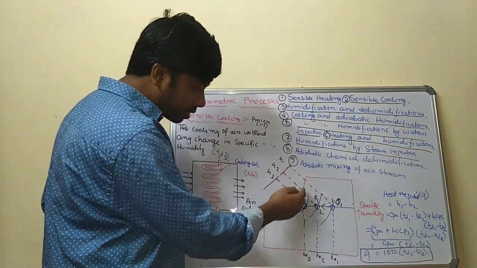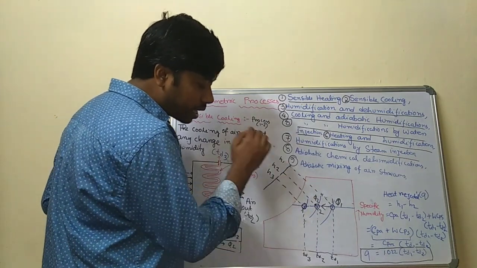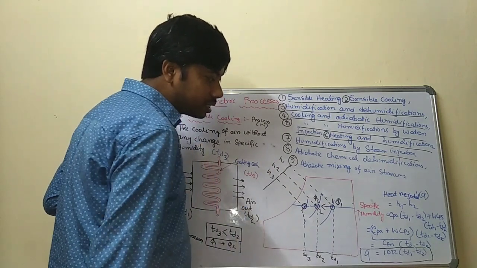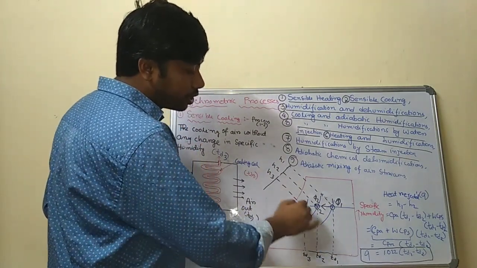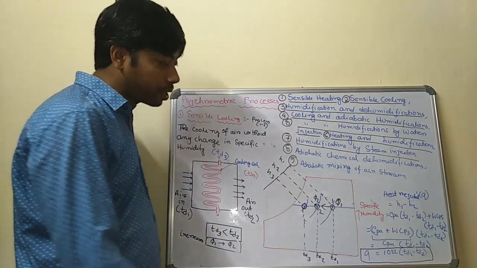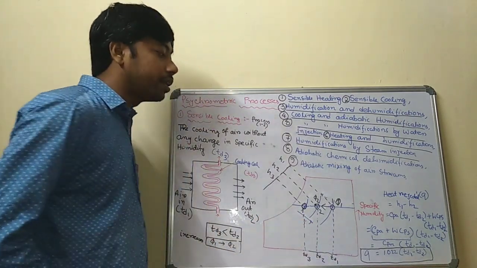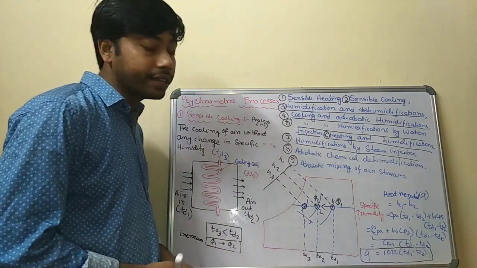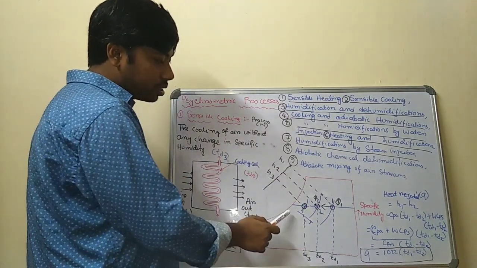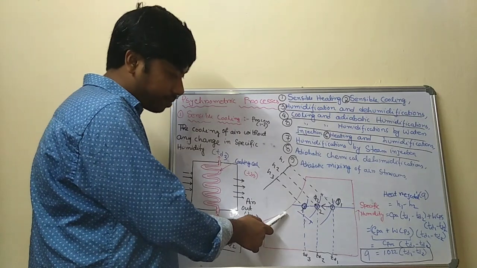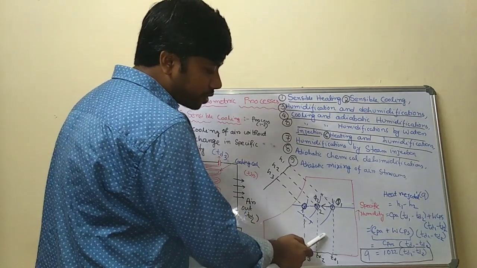Now, this is the saturation curve line, where relative humidity is 100%. As you go downwards, the relative humidity decreases, so 100% is the maximum, then 90, 80, 70, 60, 50, like that.